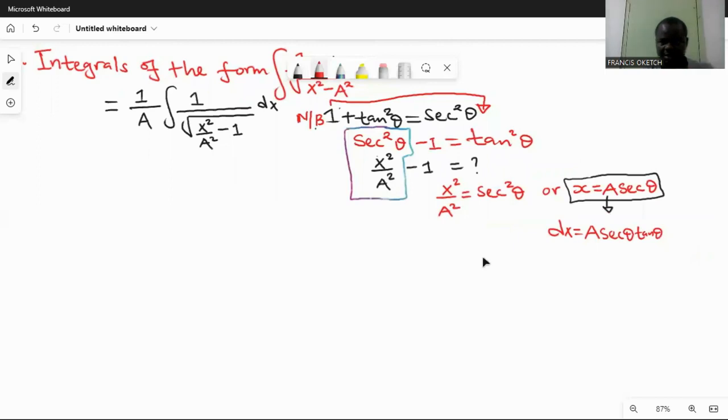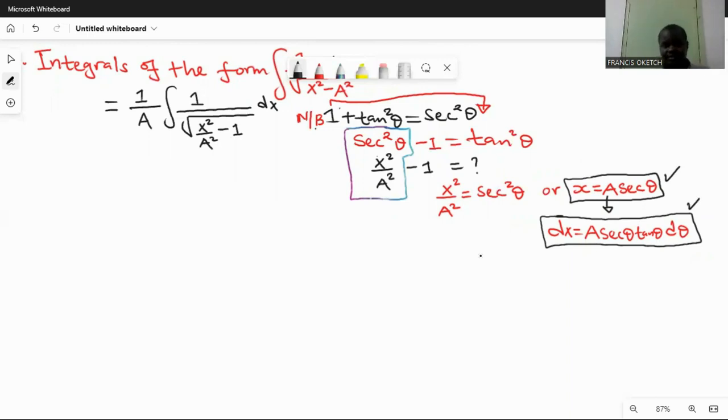Remember, it was dx over d theta, so that's why I'm adding the d theta here, because when you cross multiply, you get something like this. So every time you make a substitution, you must also know how to get the corresponding differential. So you substitute this, you also substitute the x.